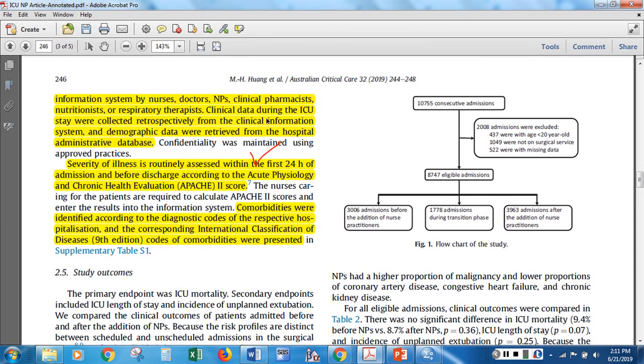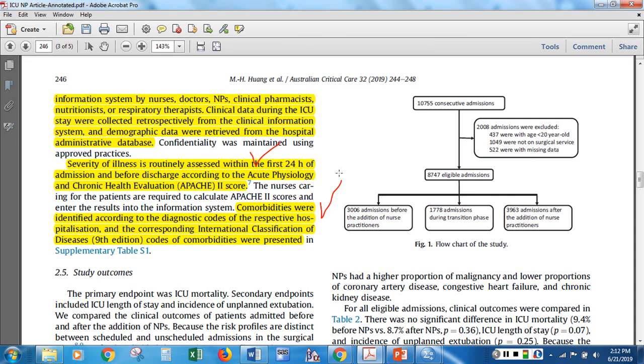Next, comorbidities were identified according to the diagnostic codes of the respective hospitalization and the corresponding international classification of diseases. So in this case, ICD-9 codes were used to enter diagnostic codes, and this is always an advantage because ICD-9 codes is really an international language to a certain extent of coding diseases, and so we're almost sure when we capture someone a diagnosis code of 400 that's related to hypertension, we're sure that that person had hypertension because that's a universal code that's used.